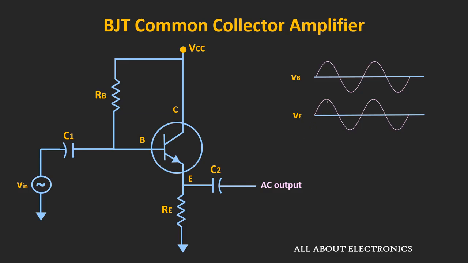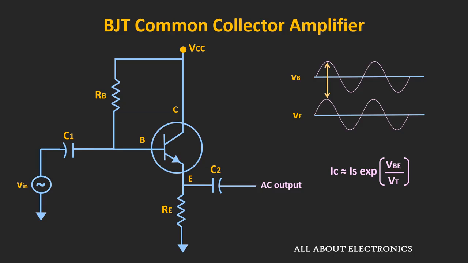Now if this AC output signal is more than the input signal, in that case at any given point of time, the difference between the base and the emitter terminal will be less than the 0.7 volt. That means we can say that if the output voltage is more than the input voltage, then the voltage VBE will reduce. And from this expression we can say that because of that the collector current IC will reduce.